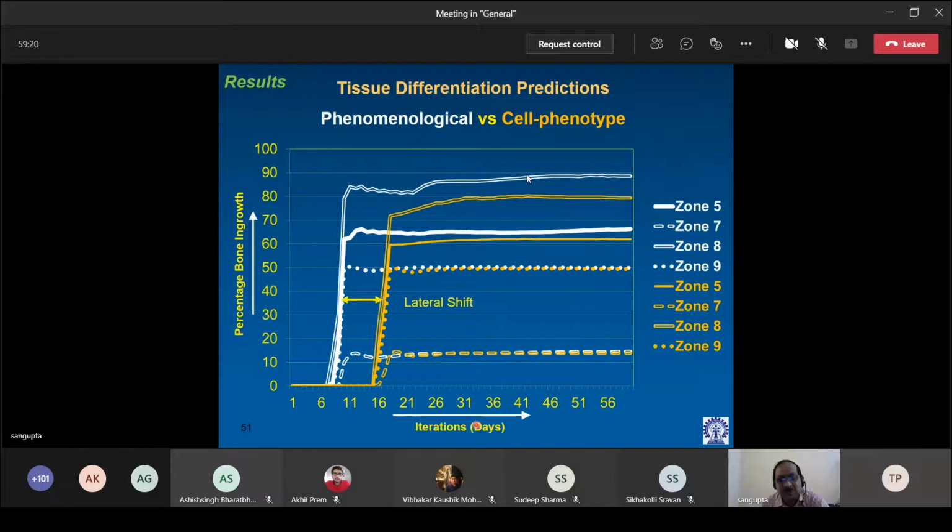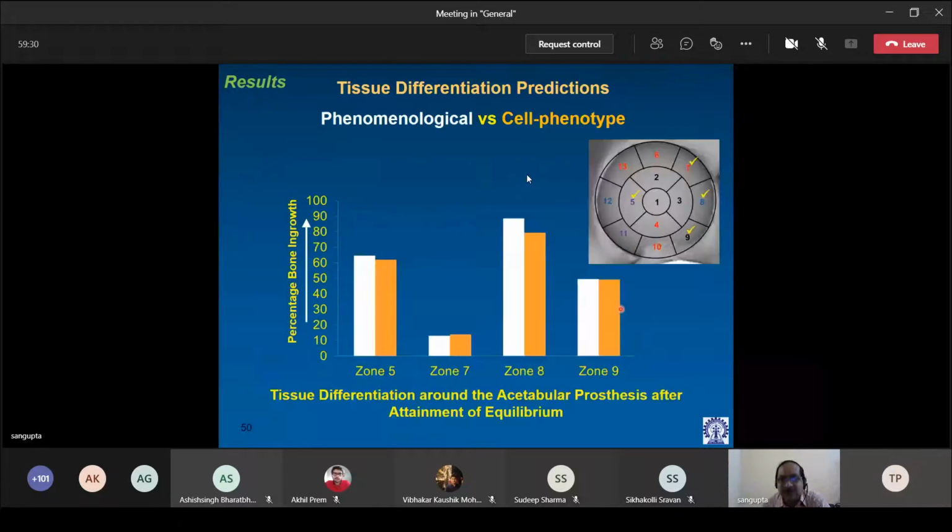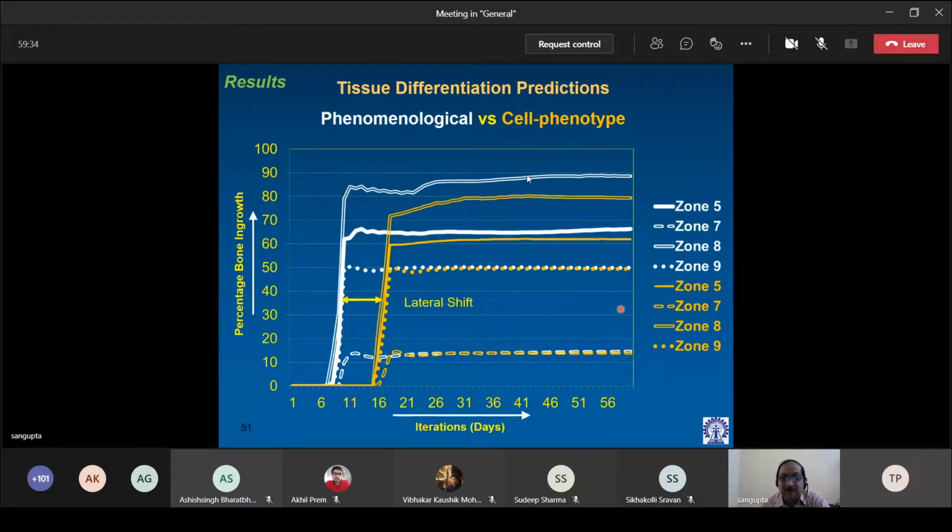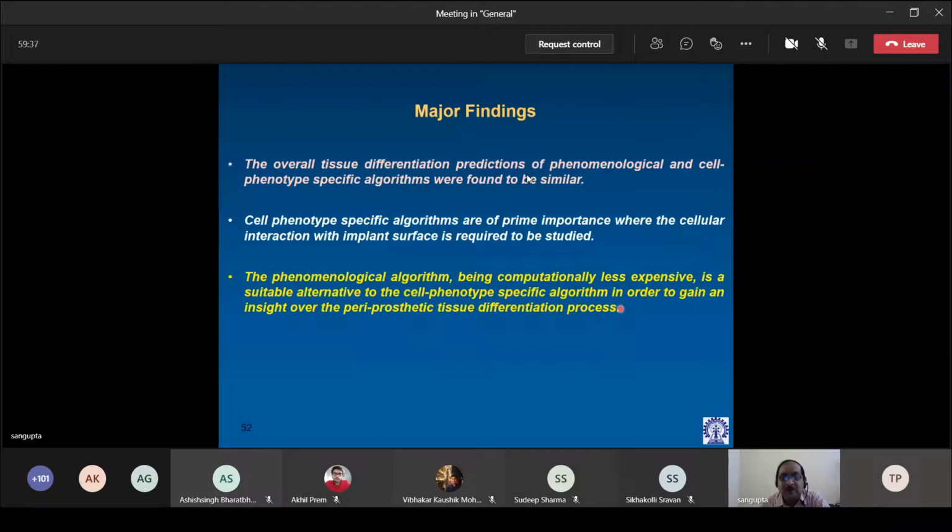On the x-axis we have the iteration, in days. But the final configuration, when it reaches equilibrium, is giving almost similar results. So the overall tissue differentiation predictions of the phenomenological and cell phenotype algorithms were found to be similar.